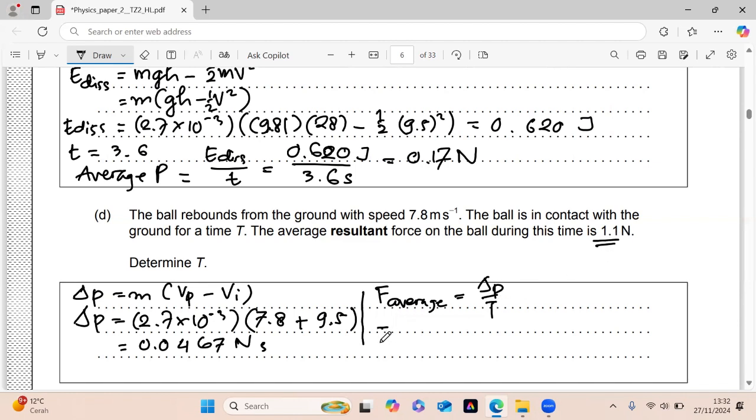Ergo, if T is the subject, this formula becomes delta P over F average. So it's going to be delta P, this one, 0.0467 Newton second, over the average force, 1.1 Newton. And the result is 0.042 seconds.